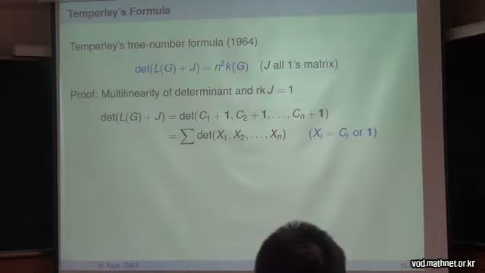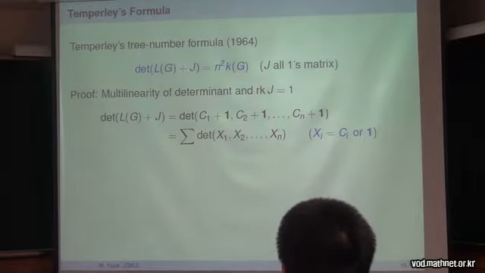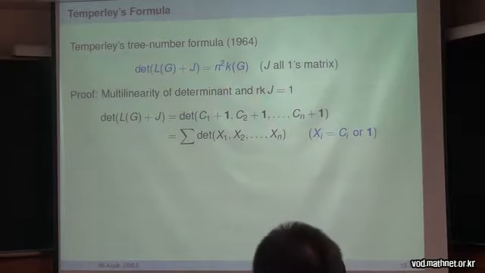Now use the multilinearity of the determinant function to write this as a sum of 2 to the n determinants, where each xi will be either ci or the one vector. But the point is that the J matrix is rank 1, so you cannot have two copies of 1s.